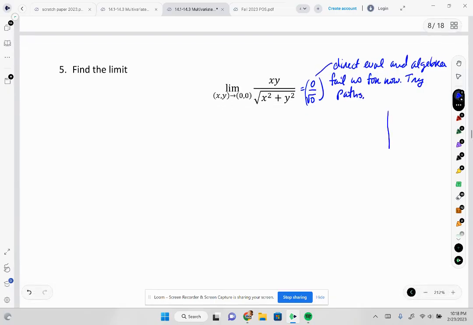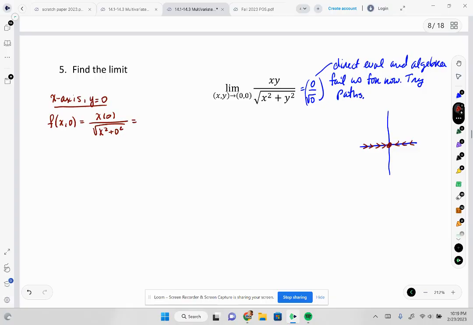Number one, we are going to draw our little graph showing the paths. We are trying to approach (0, 0), and I am going to first approach along the x-axis, so y equals 0. I'm going to look at f(x, 0). I'm just taking my function and replacing all y's with a 0. When I do that, I get x times 0 over the square root of x squared plus 0 squared.